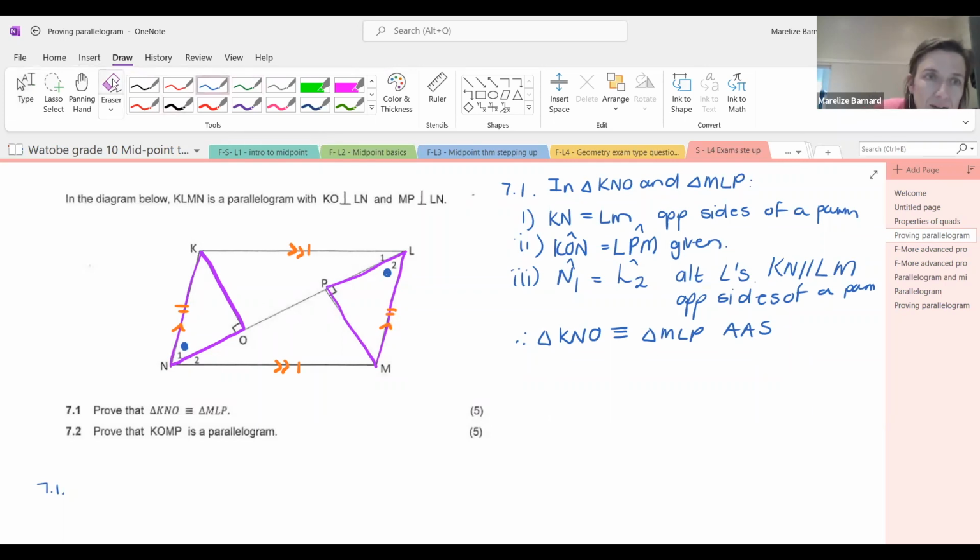is a parallelogram. Okay, so I'm going to take this away. And you can also, where you are, draw in the parallelogram that you have to prove. KOMP.